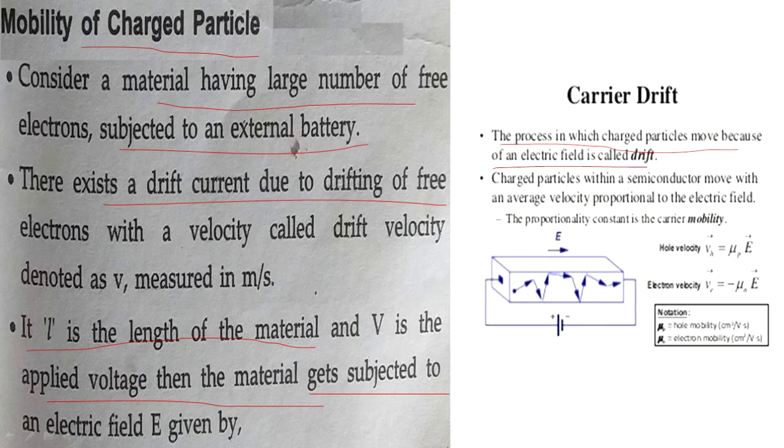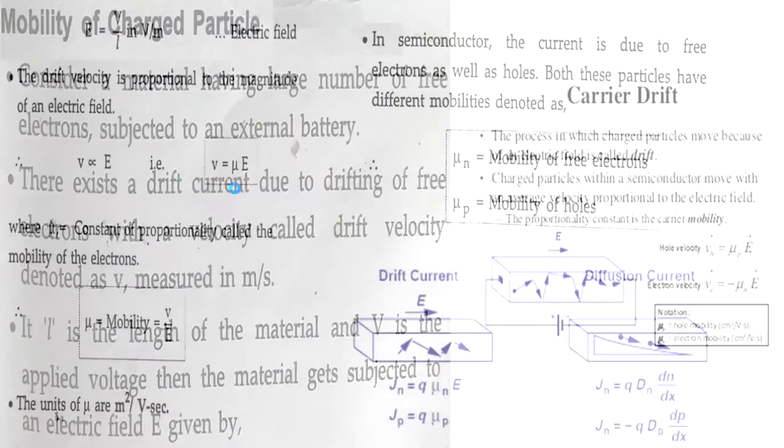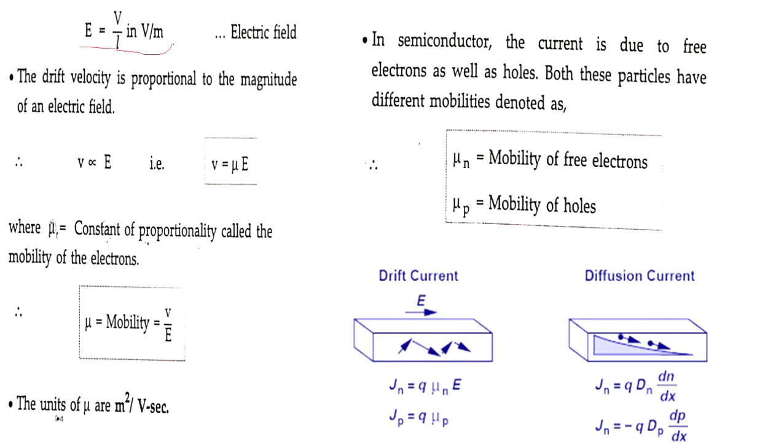Whenever we apply the external voltage V across the semiconductor bar of length L, there will be an electric field E. Because of this electric field, there is a flow of charge carriers. That flow is called drift. The velocity at which the charge carriers move is called the drift velocity. So the proportionality constant... we can represent the electric field E as equal to V by L.